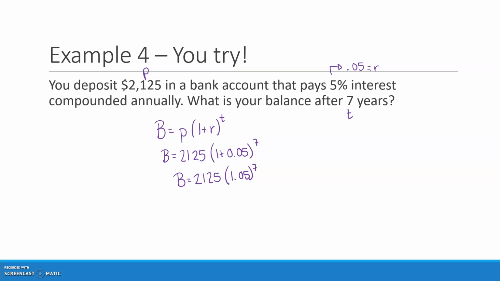When I do 1.05 raised to the 7th power, we get 1.407, and then multiplying that answer by 2,125, we get B equals 2,990.09.